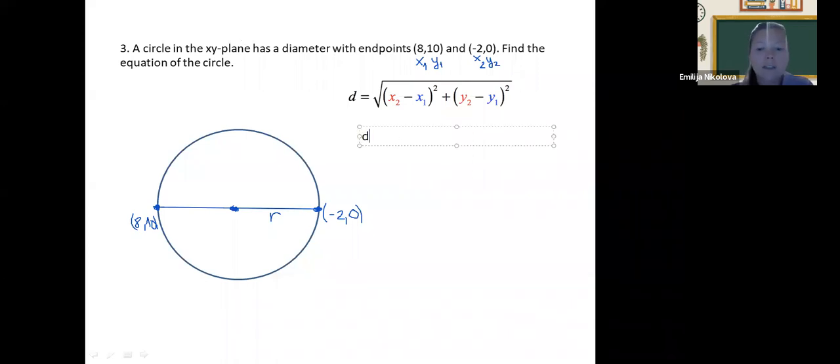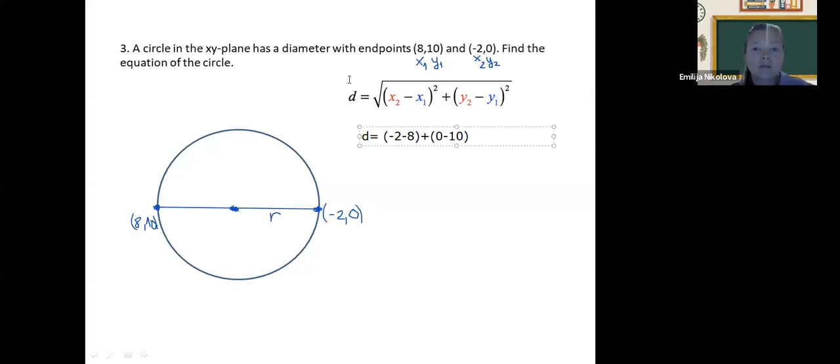So the length of the diameter will be the square root of (x2, that is -2, minus x1, that is 8) squared, plus the second one, (y2 is 0, minus y1, that is 10) squared.